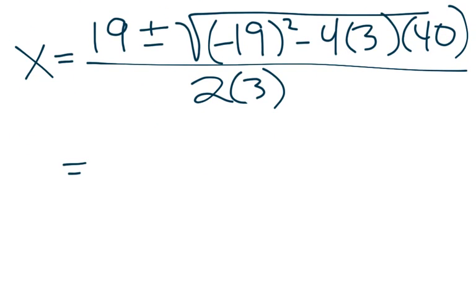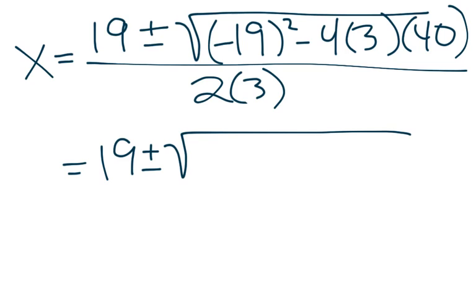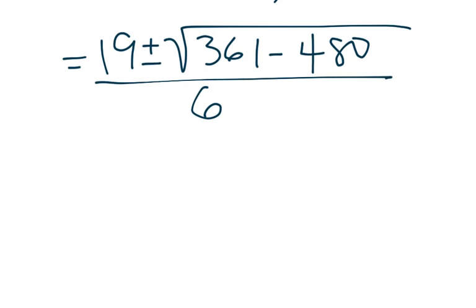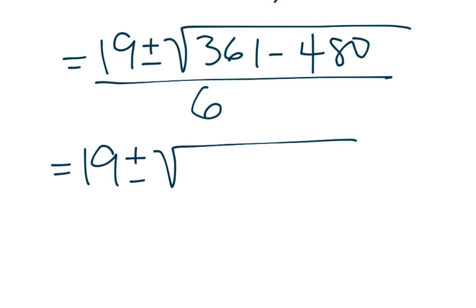So now we have 19 plus or minus the square root of negative 19 squared, which is 361, minus 4 times 3 times 40, which is 480, over 2 times 3, which is 6. So we have 19 plus or minus the square root of 361 minus 480, which is negative 119 over 6.